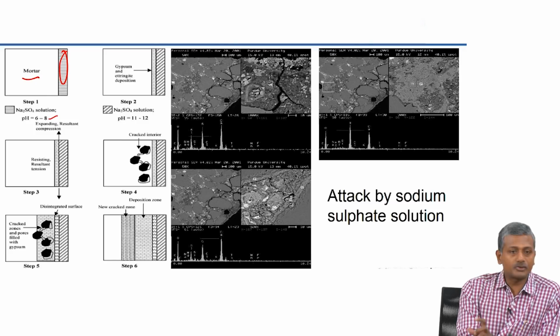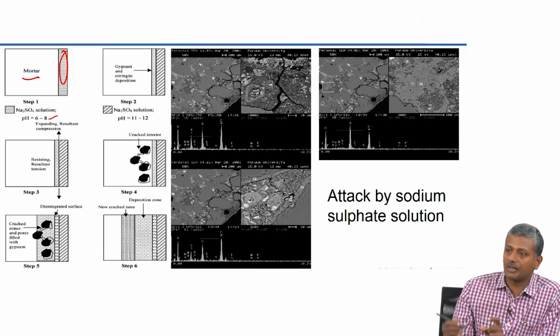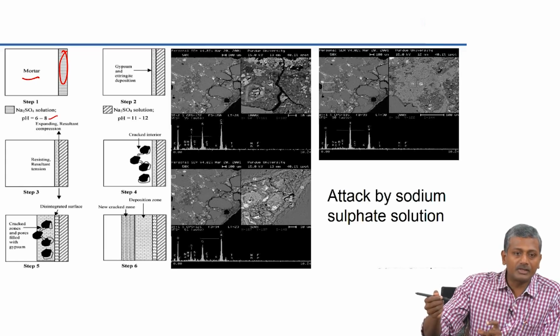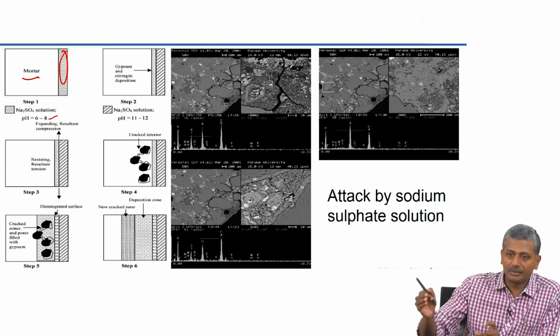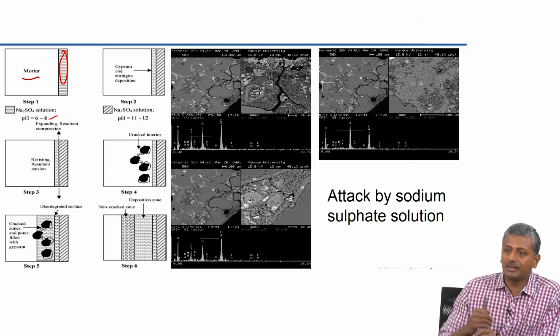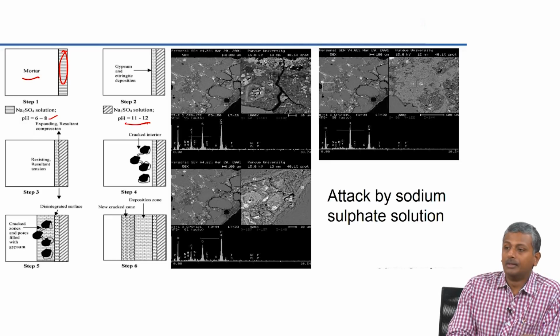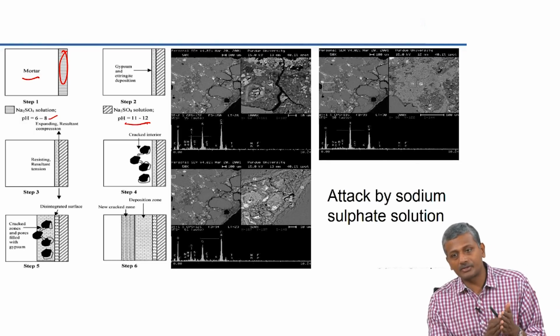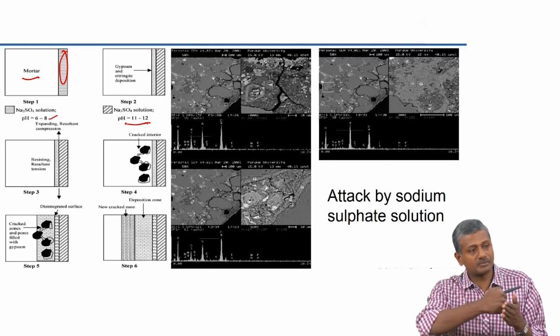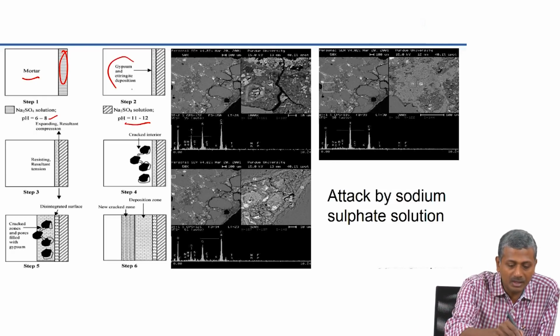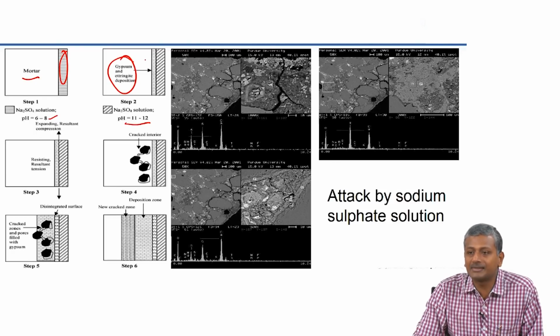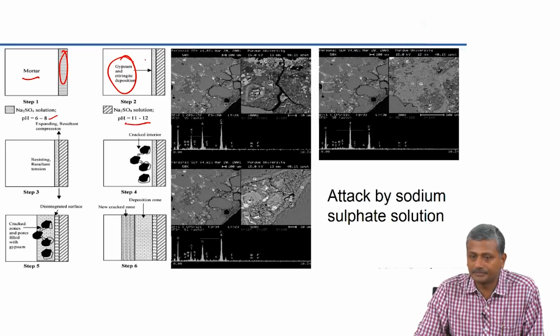As soon as you put your mortar inside this 6 to 8 pH sulfate solution, there will be an outward diffusion of calcium hydroxide that leads to an increase in the pH of the surrounding environment to 11 to 12. And as calcium hydroxide is going out, there is some sodium sulfate that is coming in, which is going to start depositing gypsum and ettringite at the skin of your specimen.